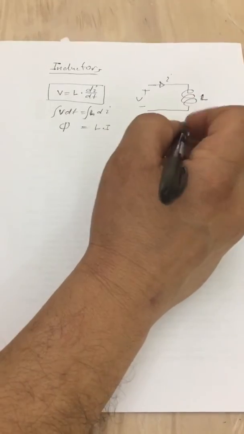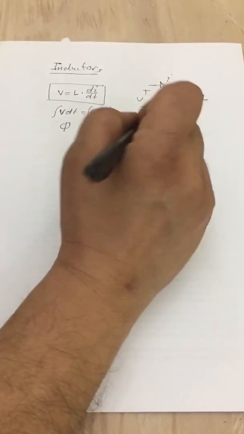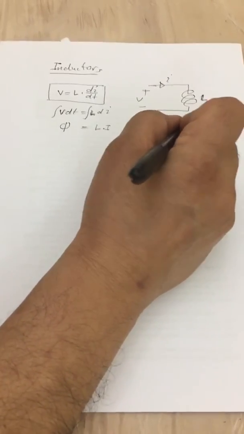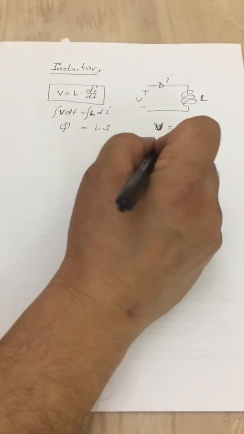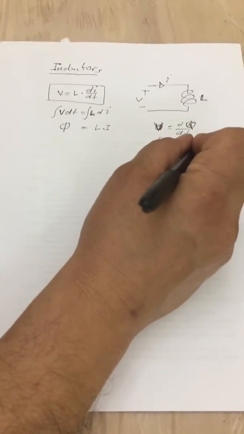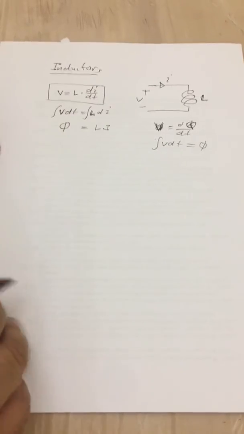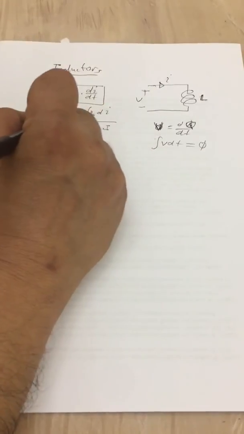No, this is the reverse. The voltage, Faraday's law, is change of flux with dt. So if you integrate V dt, you'll get total flux. Okay?